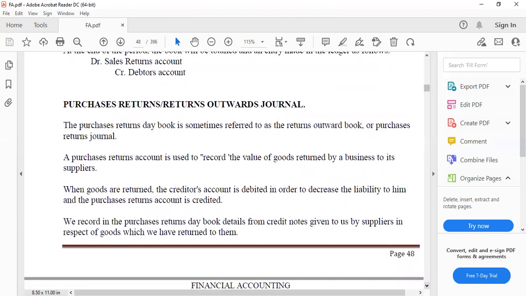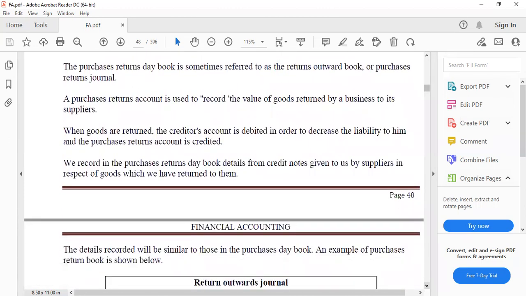Purchases return, this one is sometimes called the return outwards book, and records the purchases that were returned to the suppliers. When goods are returned, the creditor account is debited in order to decrease the liability to him, and purchases return is credited.